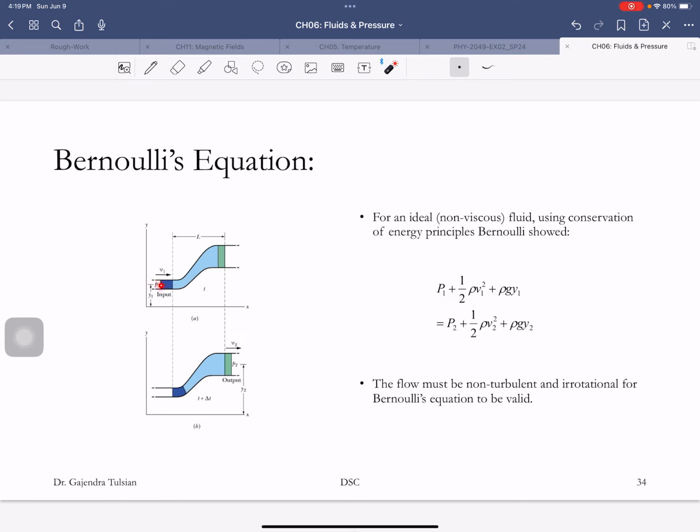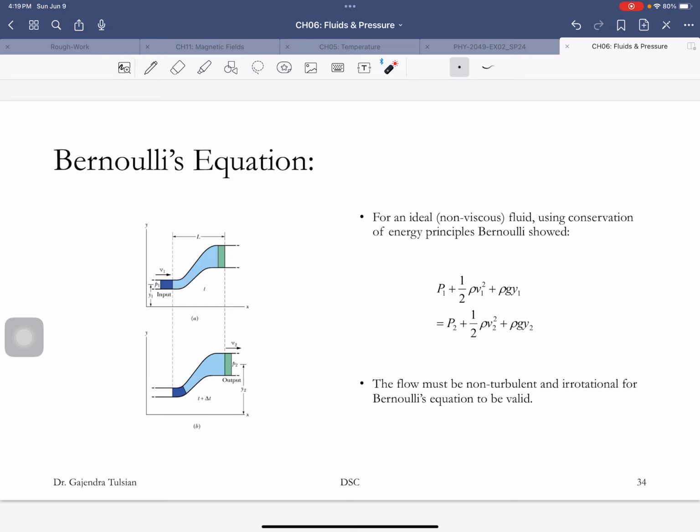Okay, so you see here's a pipe. Its speed changes with area of cross section. The speed of the fluid also changes with the height. So when you throw a ball up, as the ball goes higher up, it slows down. So that changes the speed as well. And so when the fluid goes up, the pressure decreases.